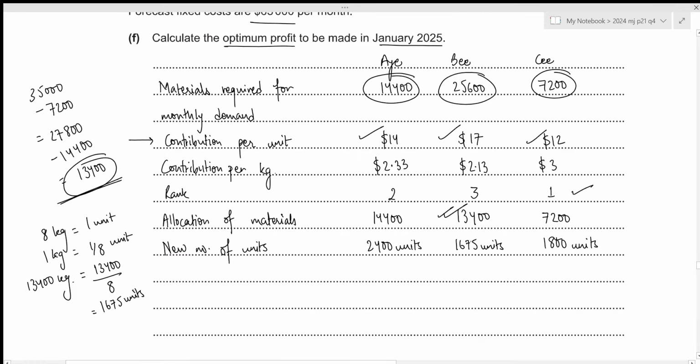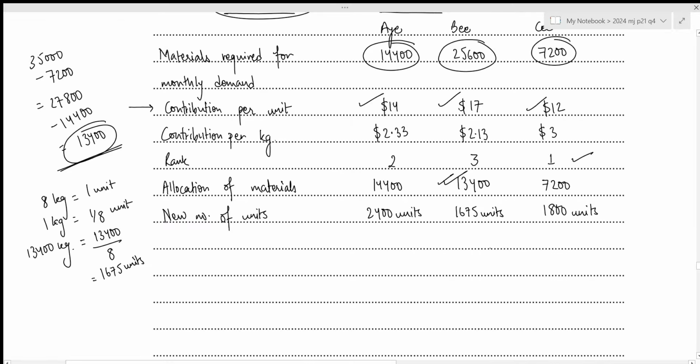Okay. Now in this question, we need to calculate the optimum profit to be made. So we can start with the total contribution now. So the total contribution for A, we know that we'll be making 2,400 units and the contribution per unit is 14.